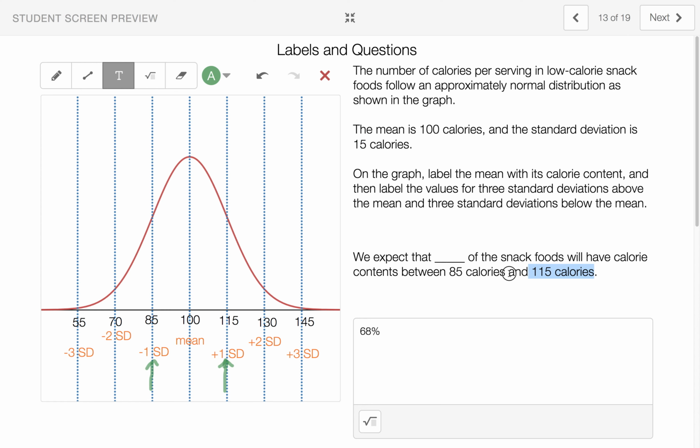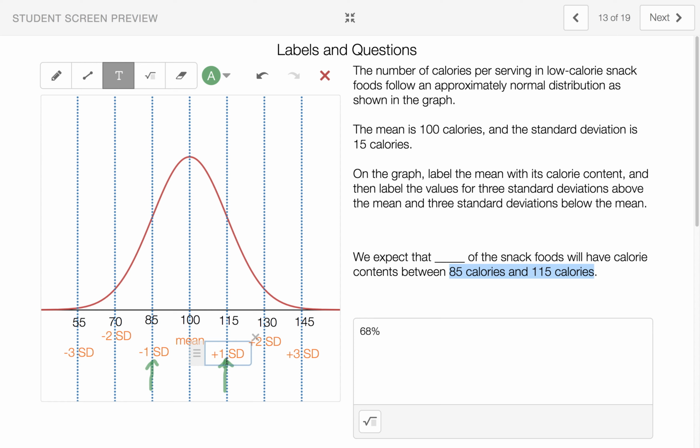Question for us. We want to talk about the percentage of snack foods between 85 calories and 115 calories, and I noted them with the green arrows here. Here's 85 and 115. 85 is one standard deviation below the mean, and 115 is one standard deviation above the mean, and that means that we are within one standard deviation.